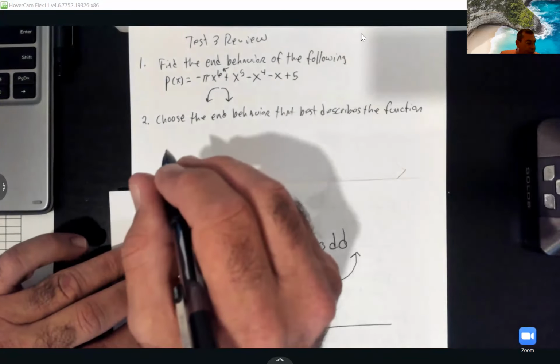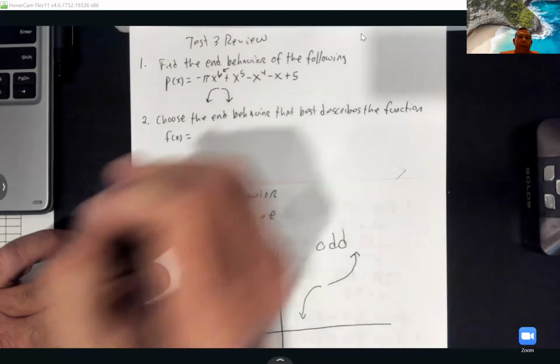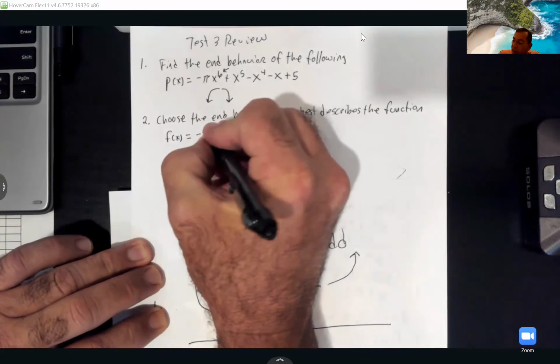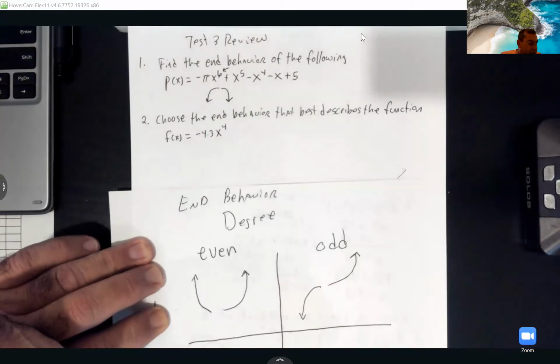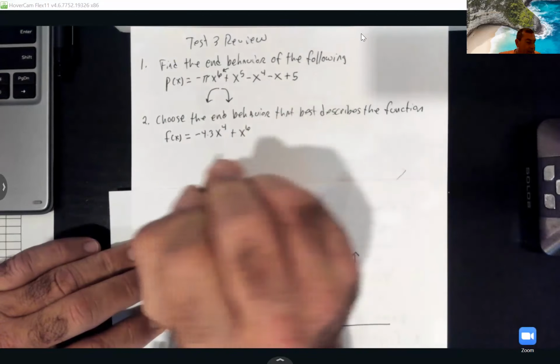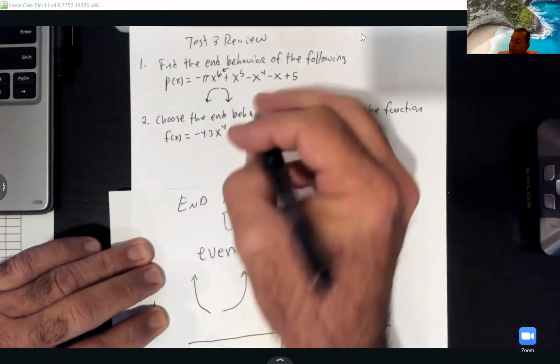All right, y'all, this function, they got f of x equals negative 4.3 x to the 4th plus x to the 6th plus 0.9 x to the 7th.